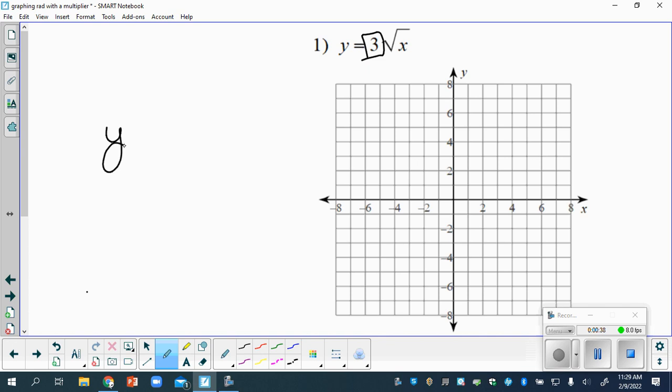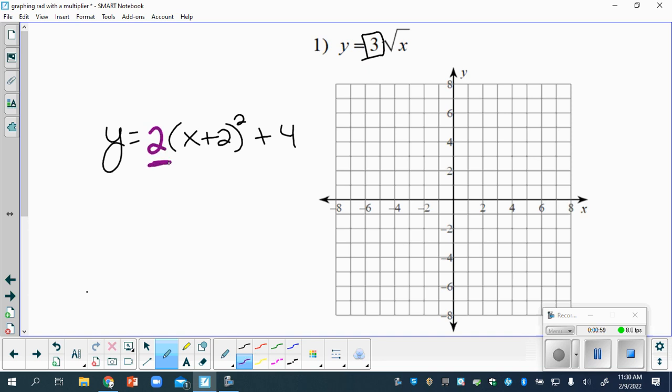So I don't know if you remember when we used to do the parabolas, we would say something like this: x plus 2 quantity squared plus 4. And then maybe there would be a number out front like a 2.